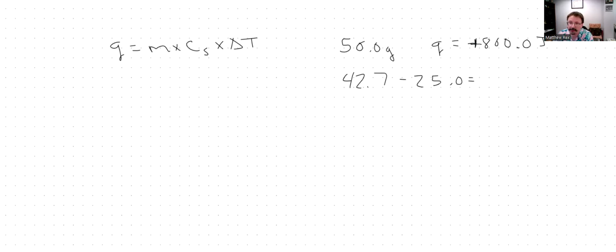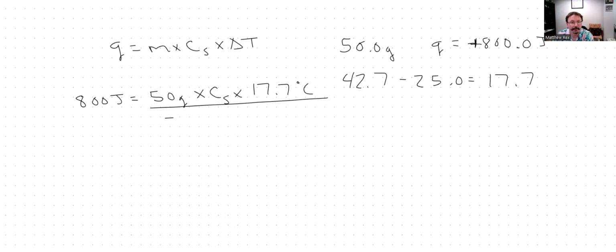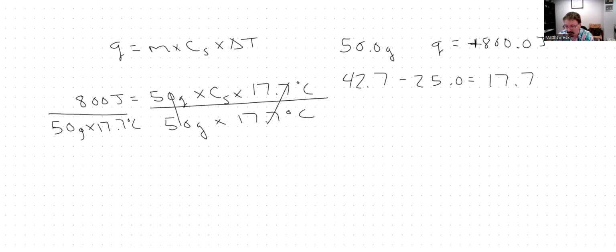So our delta T should be 17.7. So we're going to have 800 joules is equal to 50 grams times our specific heat, which we don't know because we don't know the identity of the metal, times 17.7 degrees C. If I divide both sides by that, I'll get joules per gram degrees Celsius, which are the units for specific heat.